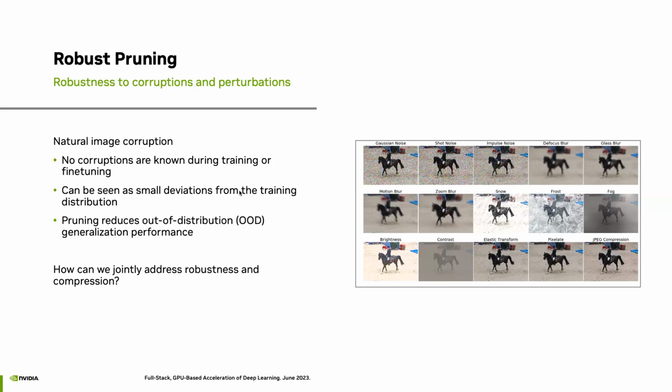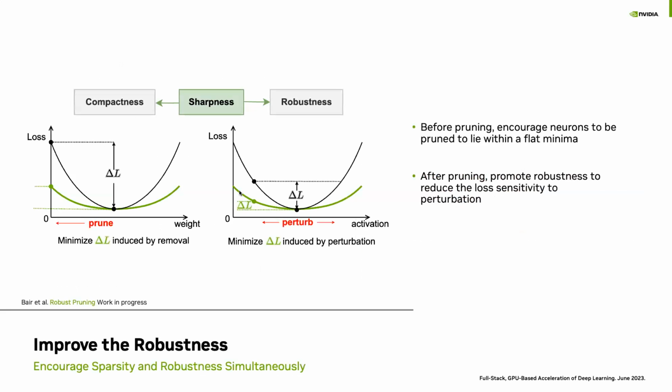So how can we jointly address the compactness and the robustness of the model might be a problem. In our recent work, we are trying to encourage the compactness of the model and the robustness of the model at the same time. Typically, a model will be more robust if its solution lies in a flatter loss landscape, because the loss would change less if there are some perturbations.